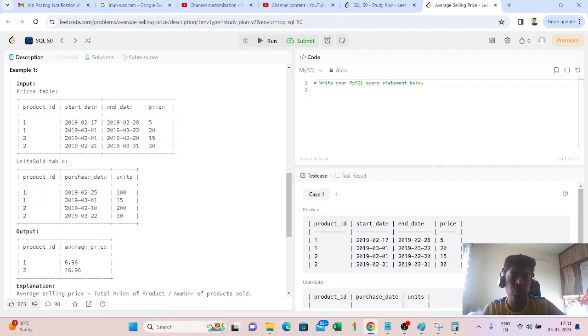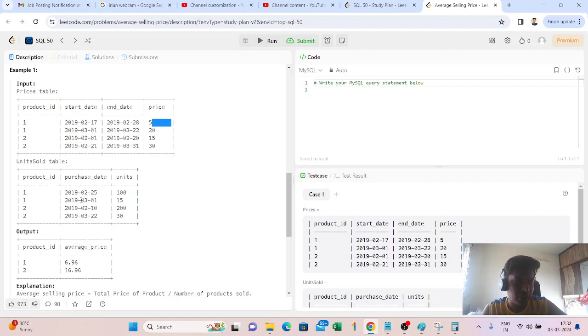But how will our code know that we have to multiply this 5 with this 100, because 100 is the units sold and 5 is the price of each unit? See, 25 is the date, and 25 is between 17 and 28, so this 100 belongs to this price.